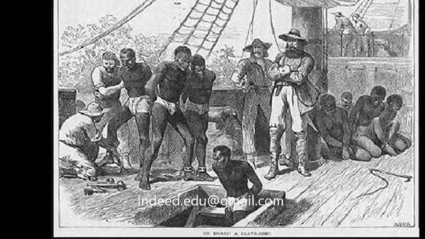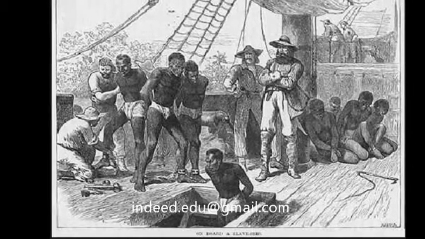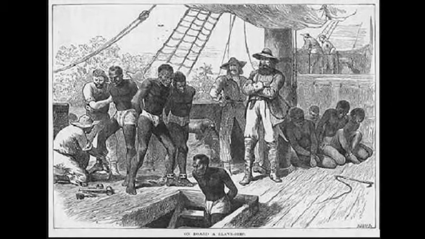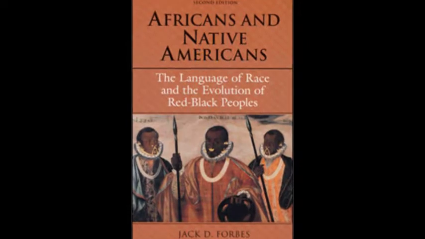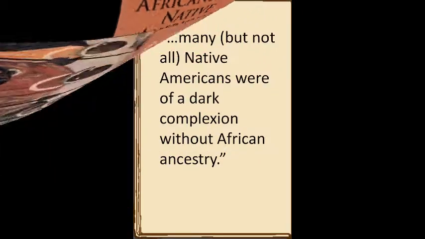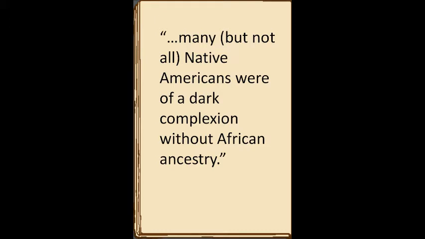Case in point, most people believe that the existence of dark-skinned people in the United States began with the African slave trade. The truth is, as writer Jack Forbes expresses in his book Africans and Native Americans, many, but not all Native Americans were of a dark complexion without African ancestry. Truth be told, it was the Native American slave trade that placed many dark-skinned Native Americans into slavery.